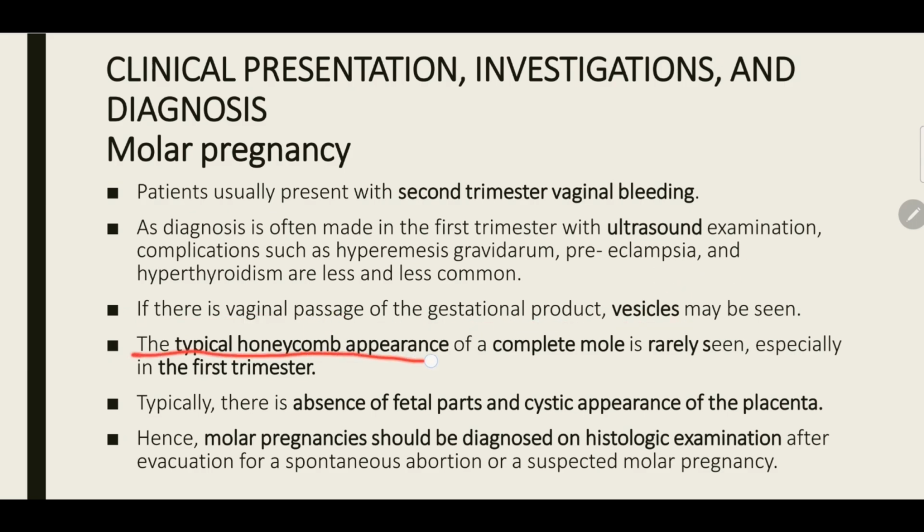The typical honeycomb appearance of a complete mole on ultrasound is rarely seen, especially in the first trimester. Typically, there is absence of fetal parts and a cystic appearance of the center in complete mole. Hence, molar pregnancies should be diagnosed on histologic examination after evacuation for a spontaneous abortion or a suspected molar pregnancy.